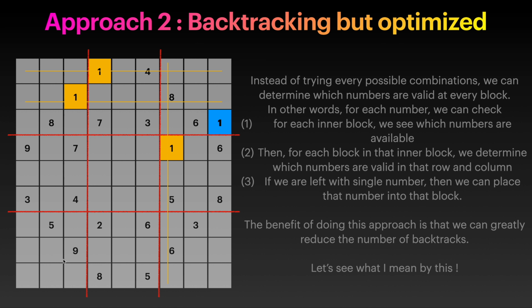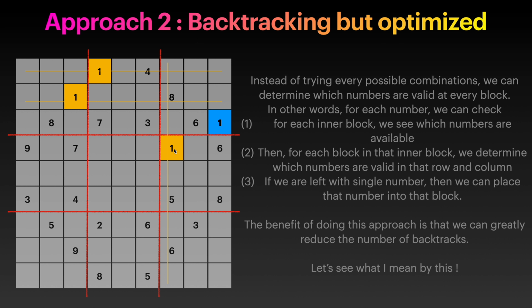If we look at this, we can cross out. So we know that this one has to be 1, because when 1 is here, this row cannot have 1 here. When 1 is here, this row cannot have 1 here. Obviously you can also not have 1 in this column, but for now we only care about this inner block.